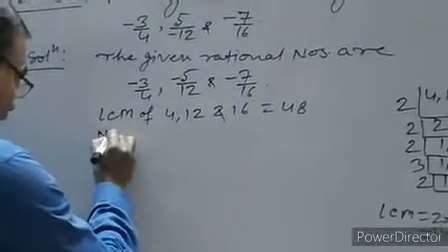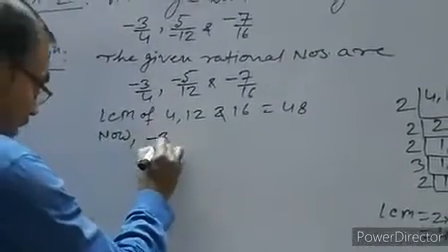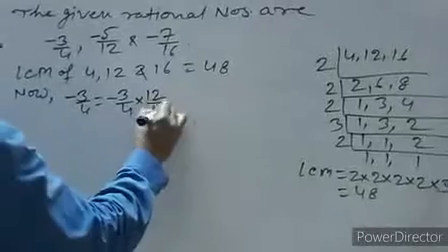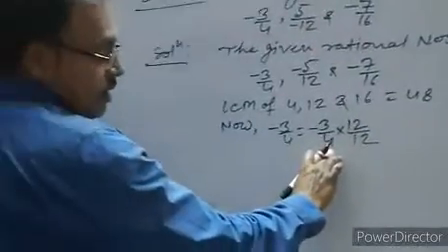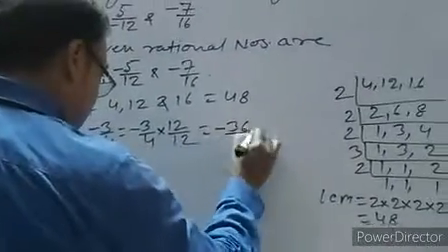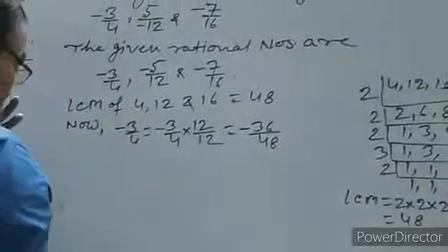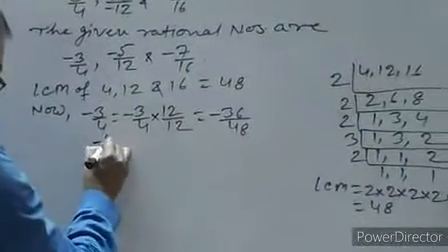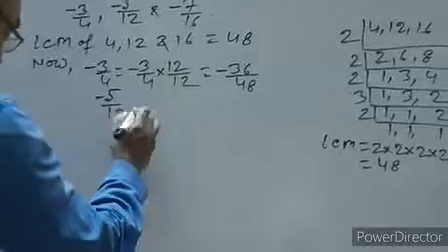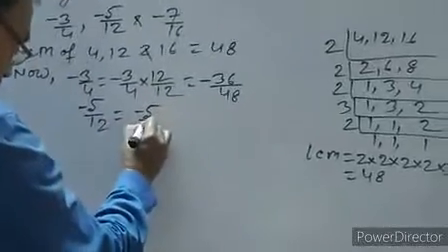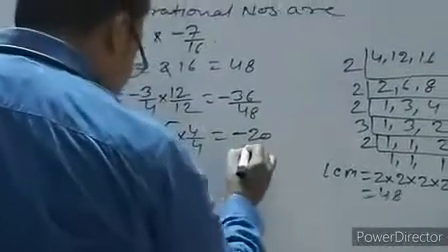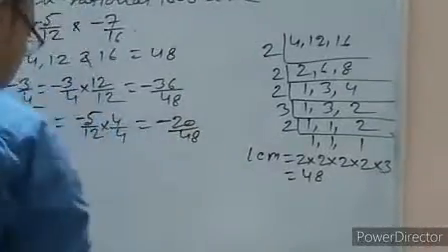Now minus 3 by 4 equals minus 3 by 4 into 12 by 12, because 12 fours are 48, equals minus 36 by 48. Next, minus 5 by 12, if we multiply 12 by 4 we get 48, so minus 5 by 12 into 4 by 4 equals minus 20 by 48.